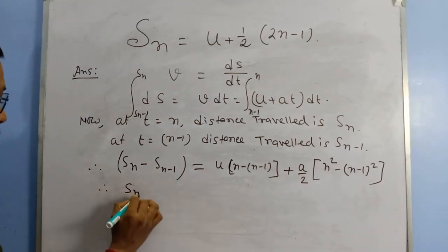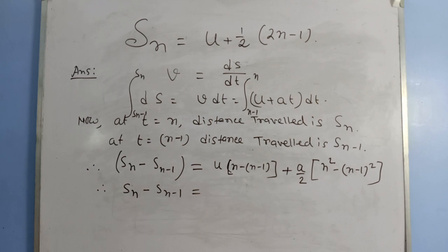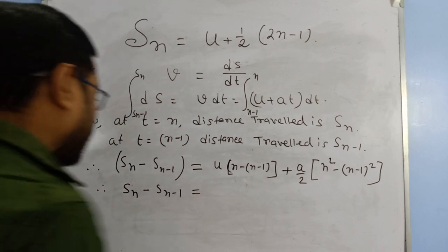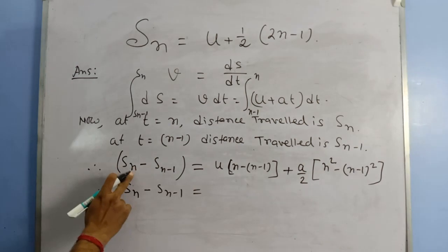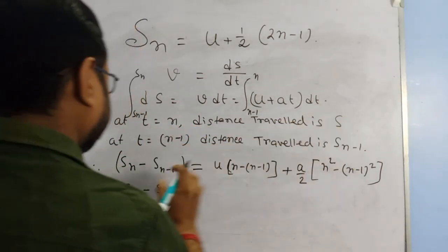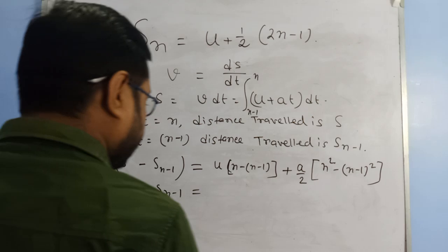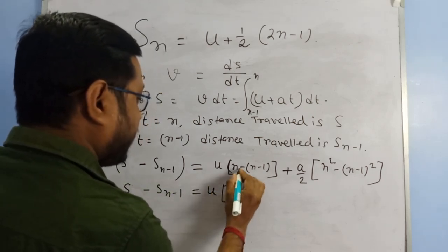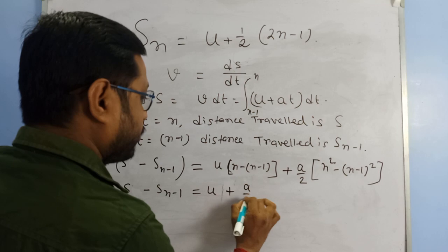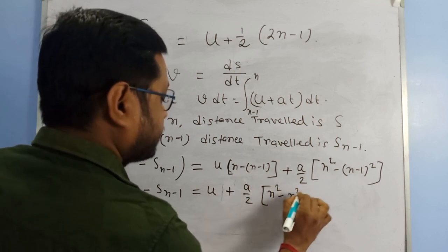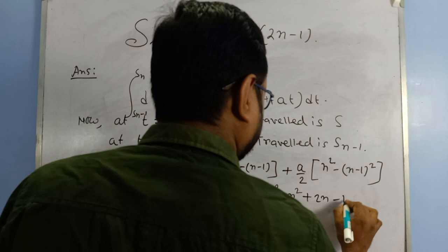So we can get Sn minus Sn minus 1 equal to u into n minus n plus 1, that is 1, plus a by 2 times n square minus n square minus 2n, plus twice n plus 1, that is minus 1.